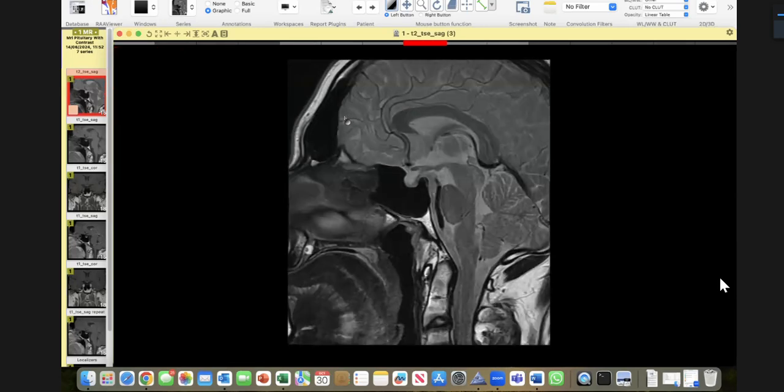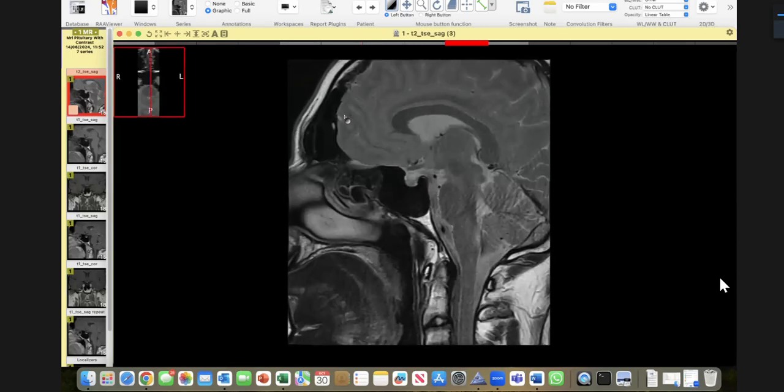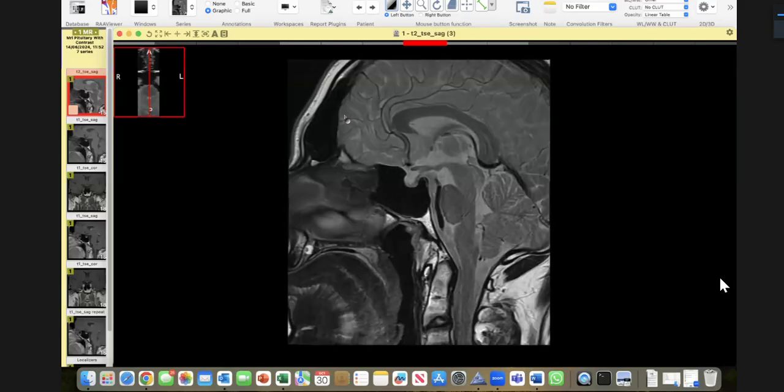This is the T2 weighted sequence, and I can see the pituitary gland, and there is no mass lesion. There is no ballooning of the pituitary, and the visualized brain parenchyma appears normal. There is no tonsillar herniation in these provided images.